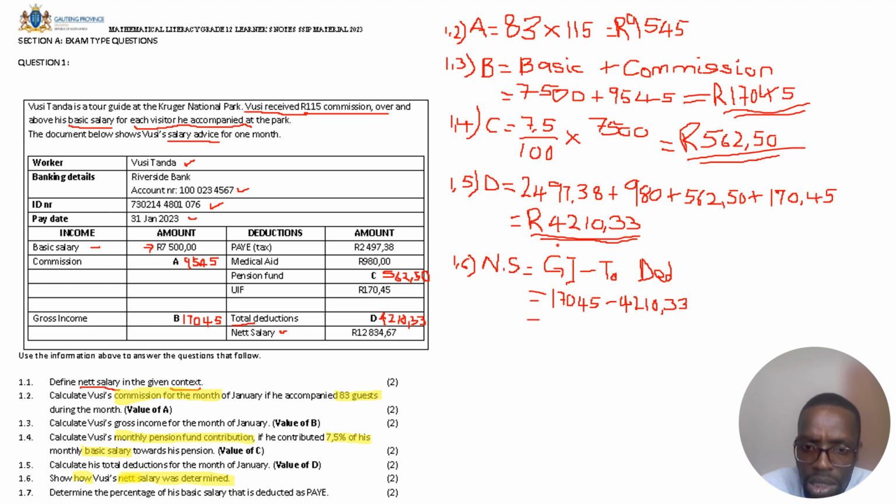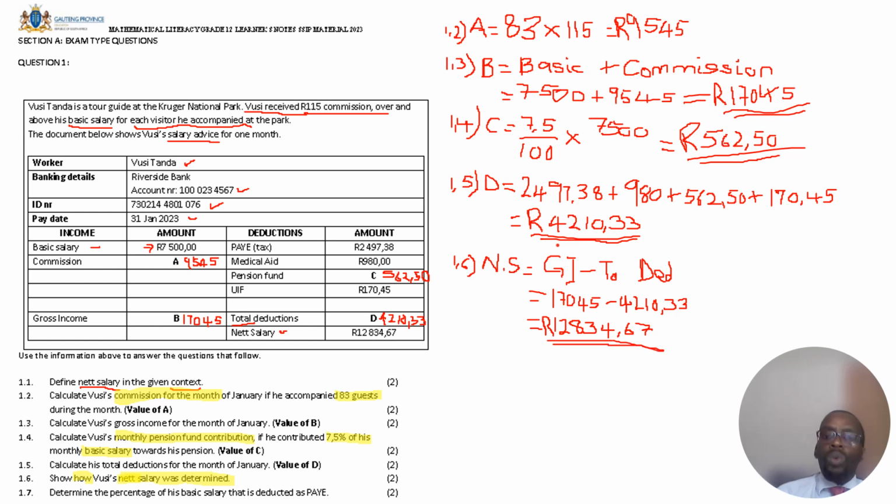Once you do that, your final answer, if you go to your calculator, let me just go to my calculator here. The amount that I'm getting is 12,834.67. This amount is in rands.